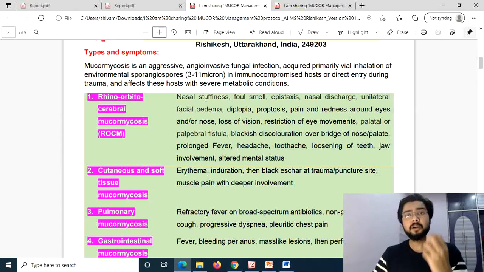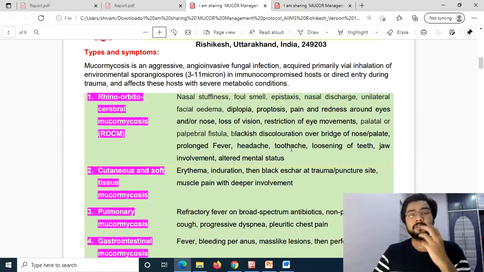You must not neglect it, and must suspect mucormycosis in any post-COVID patient who is immunocompromised, diabetic, or on steroids for a long duration, if he or she has nasal stuffiness, foul smell, epistaxis, nasal discharge, unilateral facial edema, facial numbness, diplopia, proptosis, pain, redness around the eye, loss or decreased vision, restricted eye movement, palatal or palpebral fistula, blackish discoloration over the bridge of the nose or palate, prolonged fever, headache, toothache, loosening of teeth, jaw involvement, altered mental status.